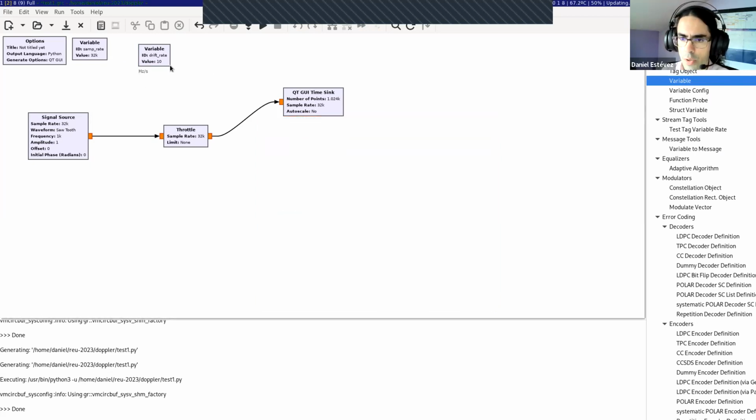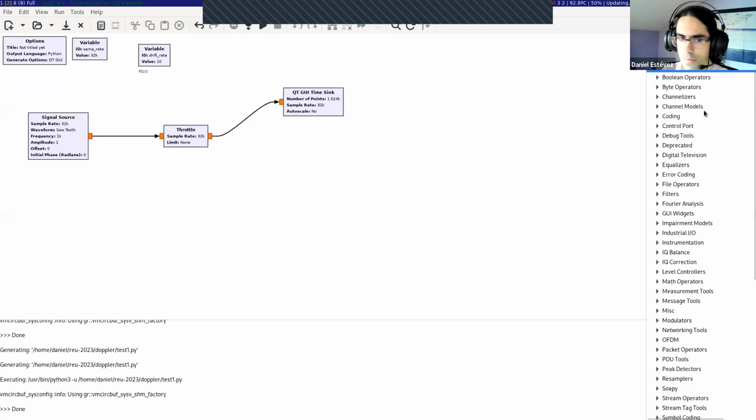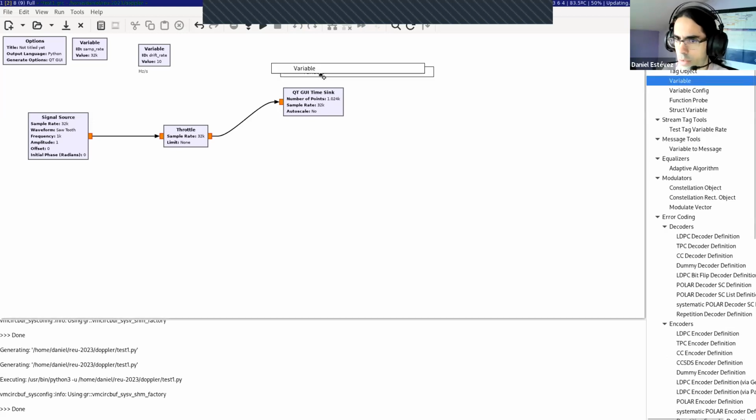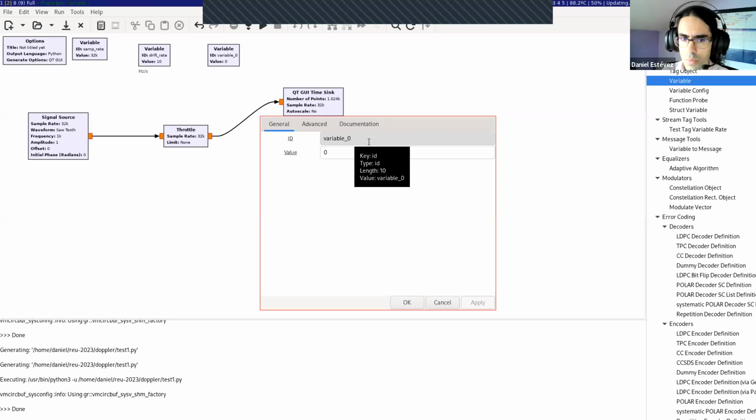This is roughly a ballpark figure, except that usually Doppler drift is negative. So for example, Earth rotation Doppler is negative, and other sources of Doppler, such as low Earth orbits, could be positive or negative. The second variable I want to add is the duration of the simulation. So I'm going to stop this at some point.